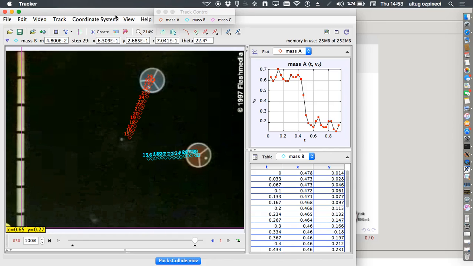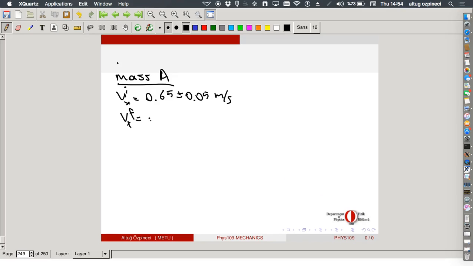It is less precise. 0.2 plus minus 0.1 meters per second. Well, the mass is 48 grams, or 0.048 kilograms.